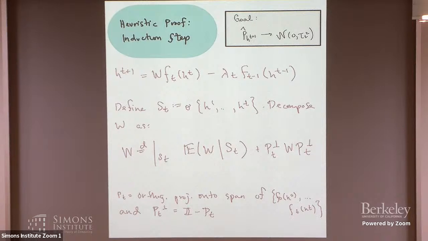What that gives us is that we can replace the random piece that comes from the projection with a new matrix W tilde, which is equal in distribution to my original W, but independent of my conditioning sigma algebra.